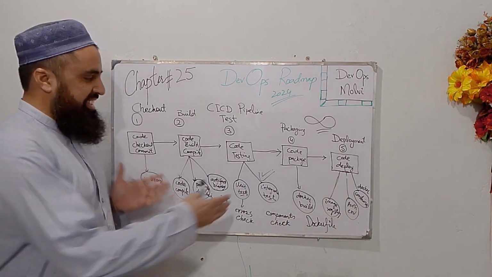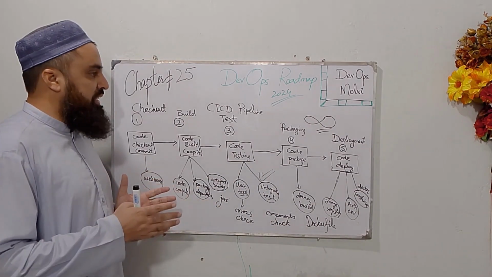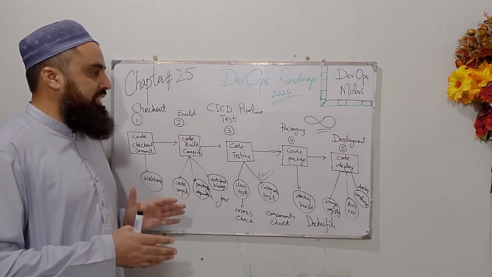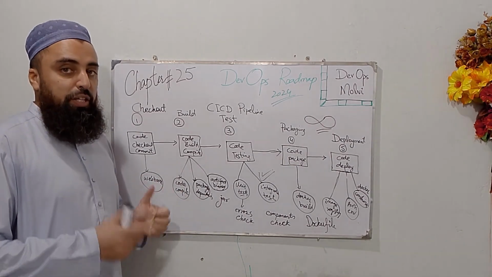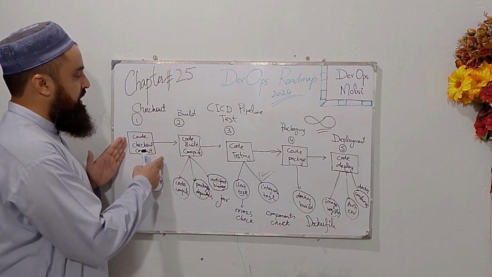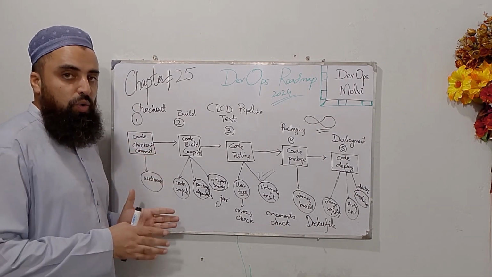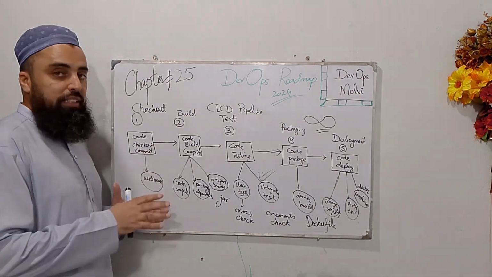My apologies, it seems to be a little messed up, but let me repeat the whole steps of the CI/CD pipeline again so that you can better understand. We have this first step in which we check out the code. The developer writes the code and commits it.